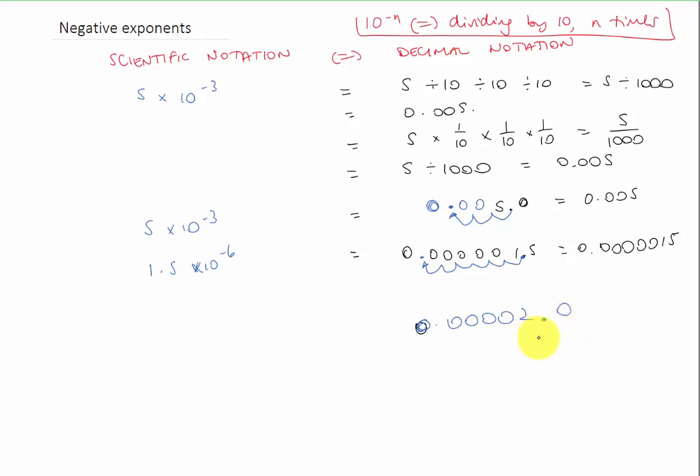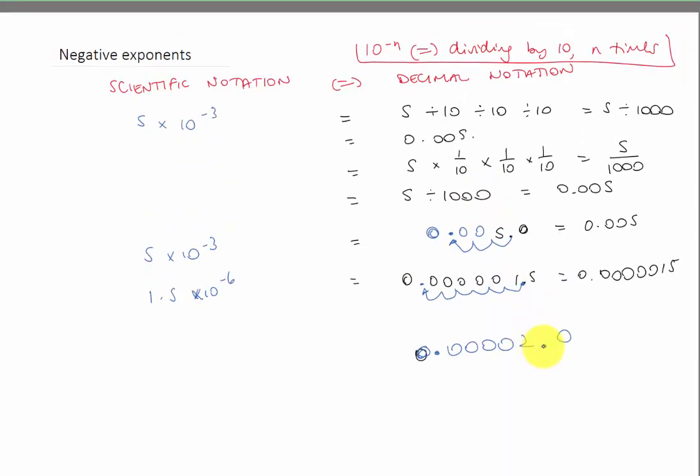And we could add an extra 0 after there if we wanted as well. So to go from here to here, we've got to go 1, 2, 3, 4, 5 spaces. So that's 2.0 times 10 to the minus 5.